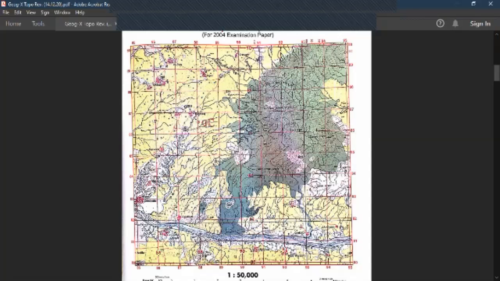Before starting with the questions, let us have a look at the marginal information given in this map extract.